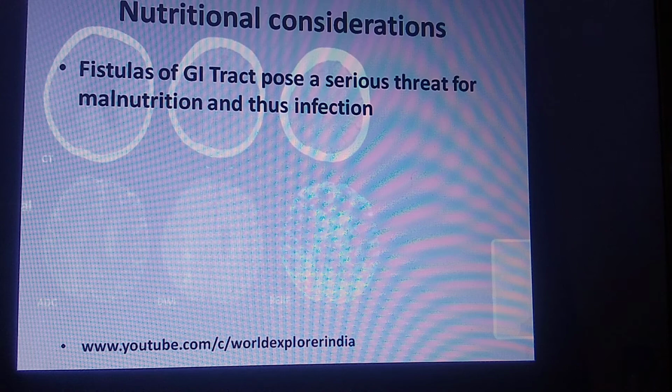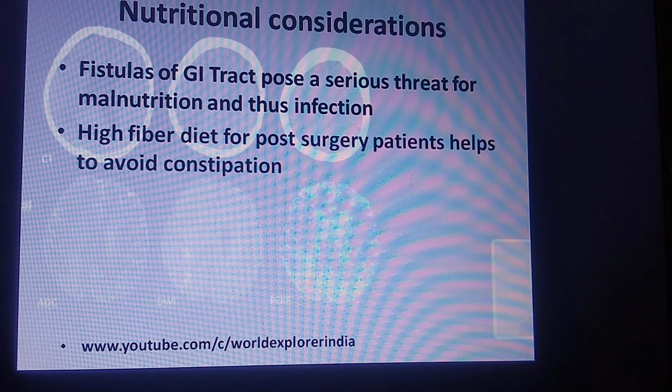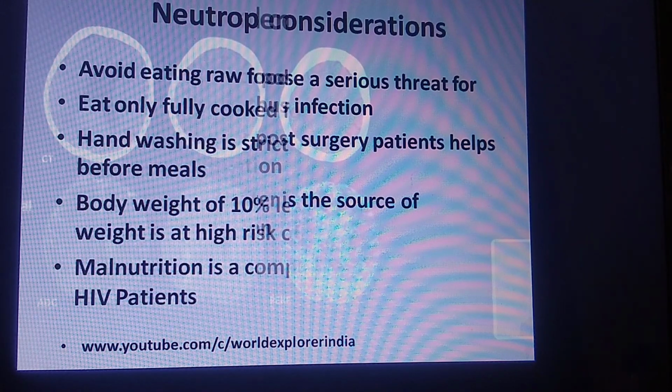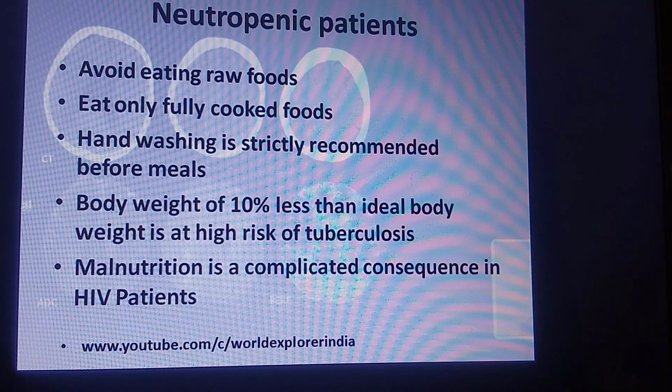Fistulas of the GI tract pose a very serious threat for malnutrition and thus cause infection. A high fiber diet for post-surgery patients helps in preventing constipation. Contaminated water is a source of hepatitis infection. Neutropenic patients should avoid eating raw foods. Eat only fully cooked foods.